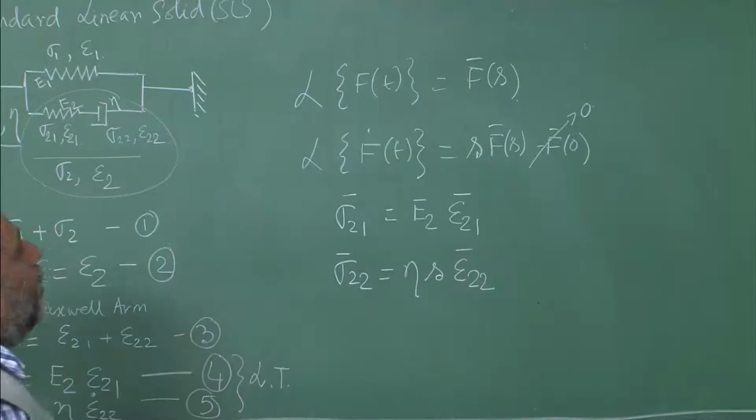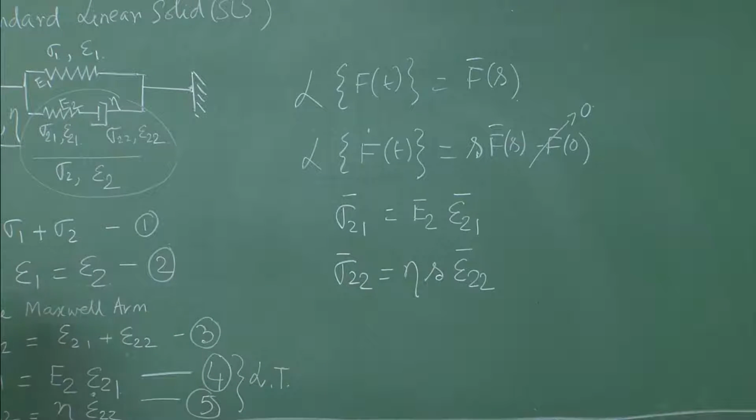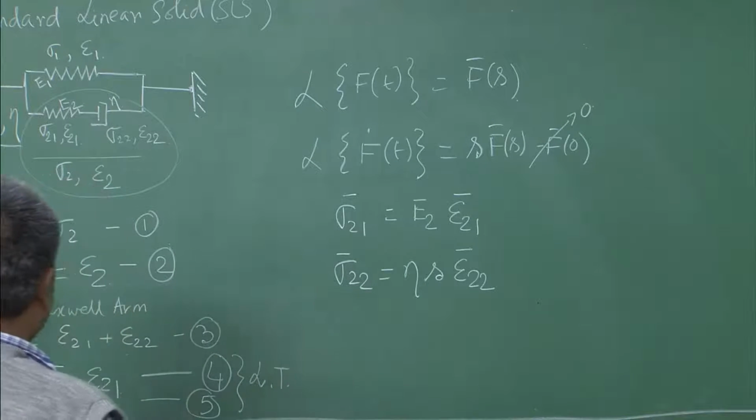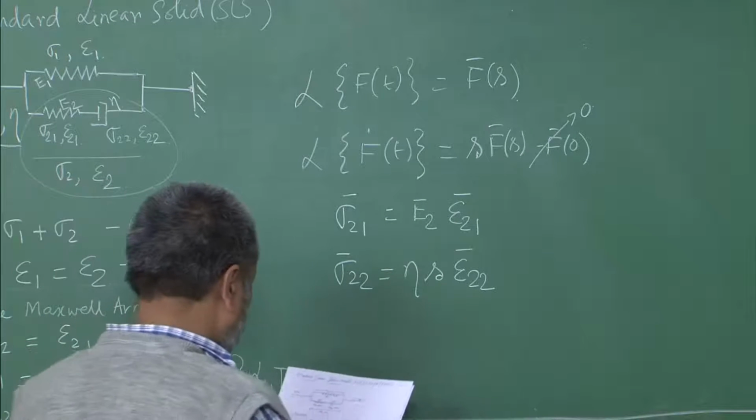That means we have used that 0 initial condition here. So, sigma 2 2 is eta s epsilon 2 2 bar. So, we can use these two things together in our equation.